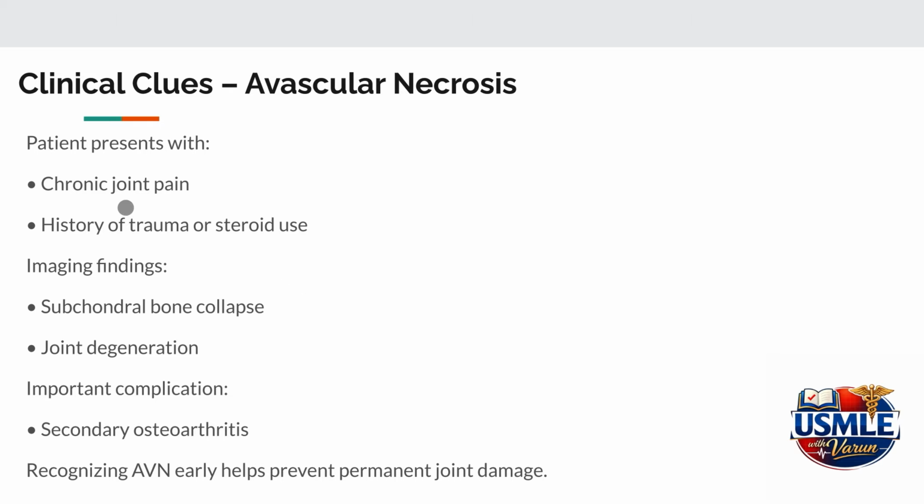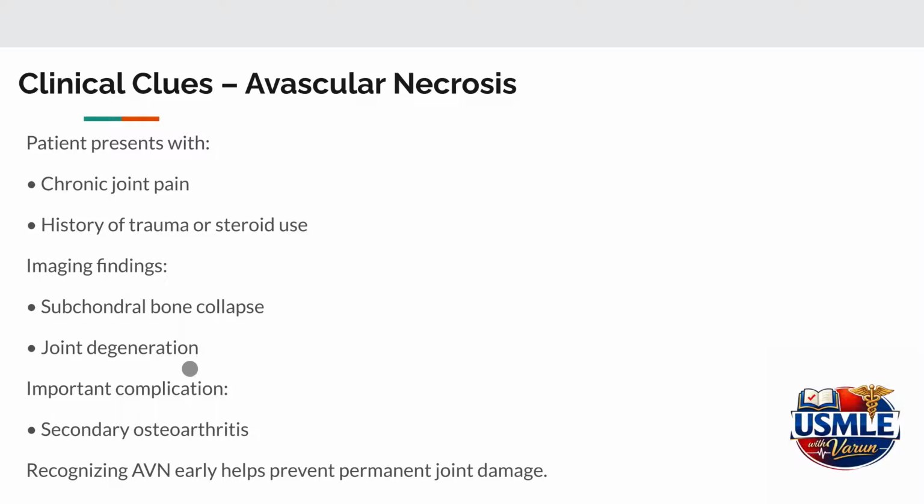In clinical questions, avascular necrosis is often suggested by a combination of symptoms and risk factors. Patients usually present with chronic joint pain that gradually worsens over time. A history of trauma, corticosteroid use, alcohol abuse, or sickle cell disease might be present. Imaging studies may show subchondral bone collapse and progressive joint degeneration.